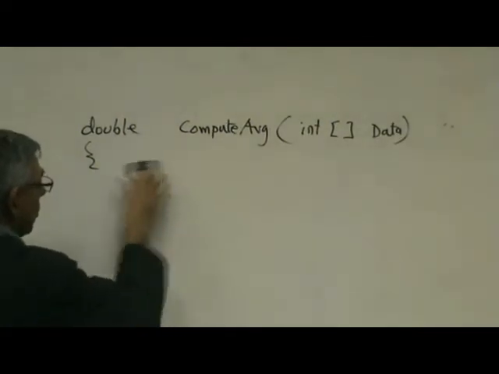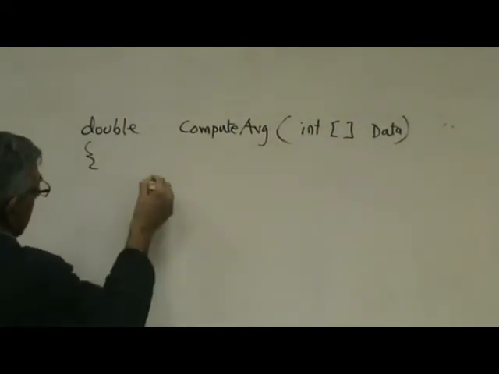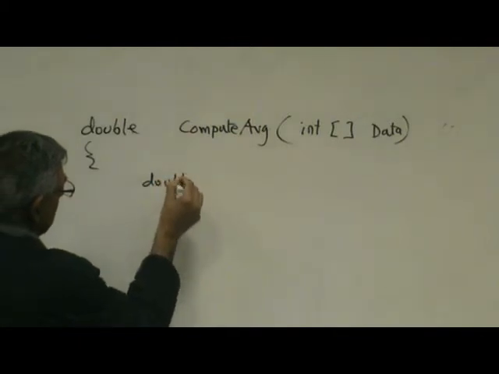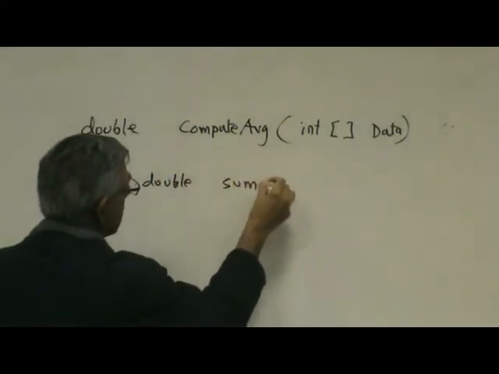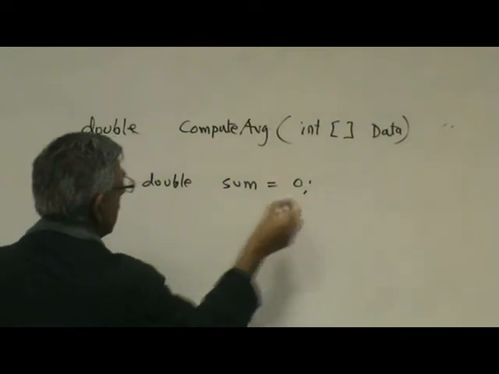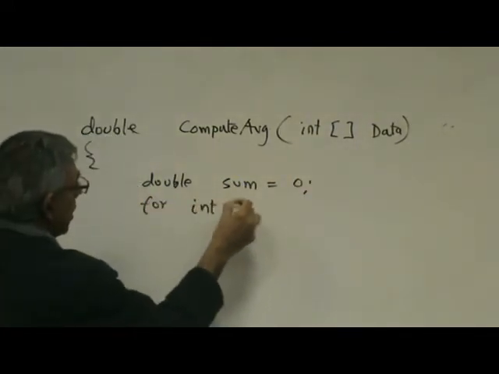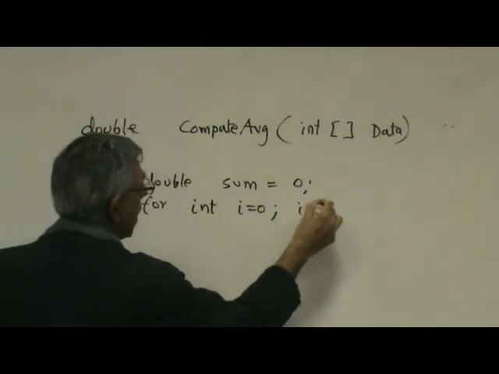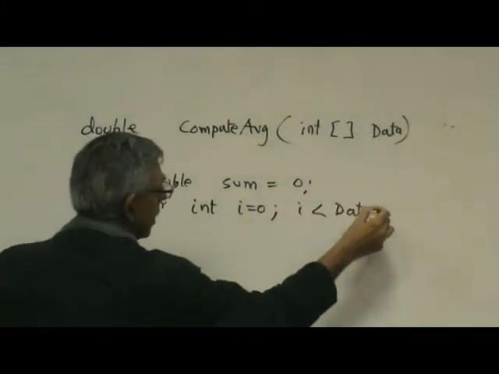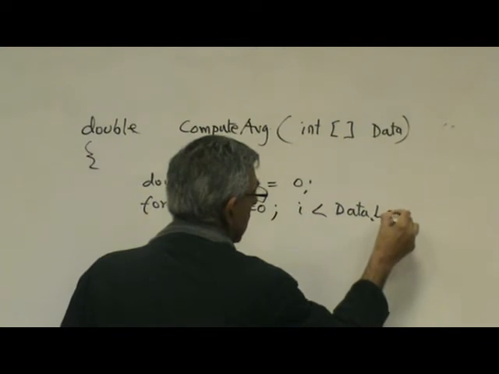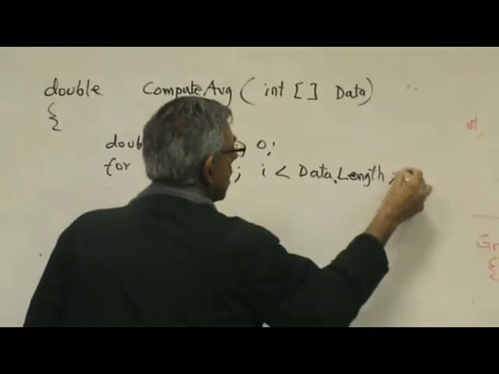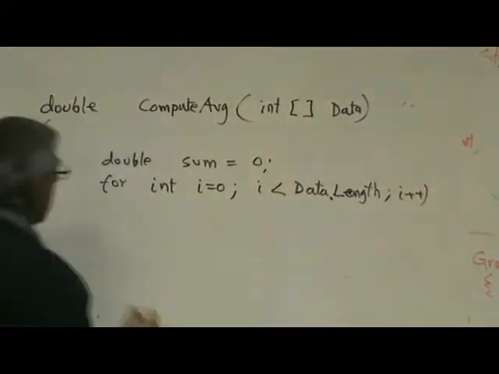Double sum equal to 0. For I equal to 0, I less than data dot length, I plus plus, right?